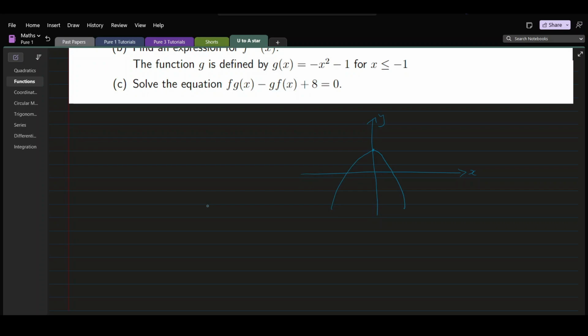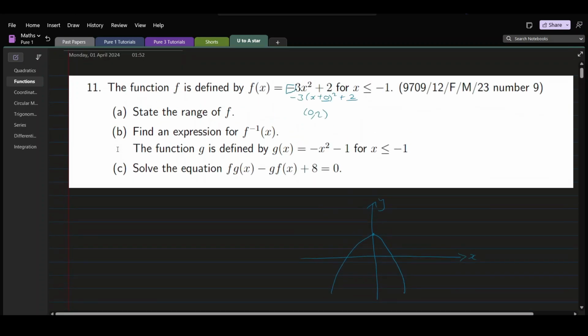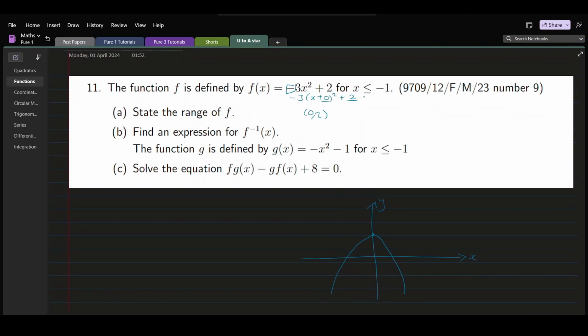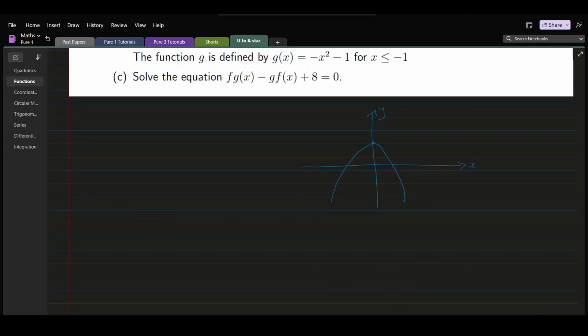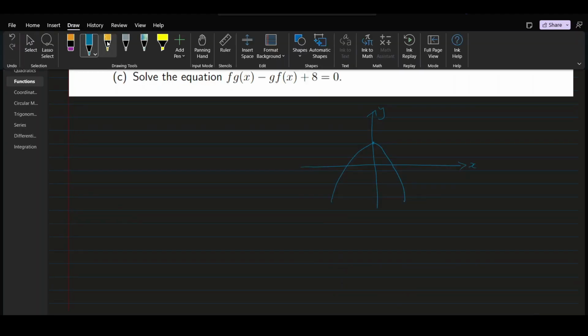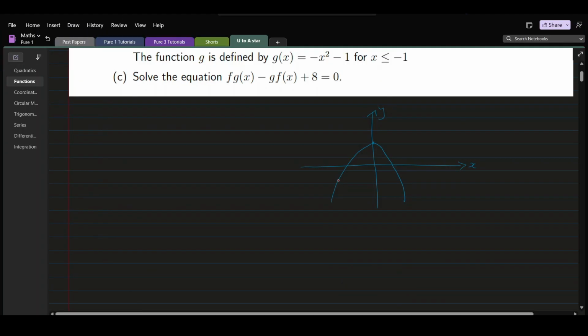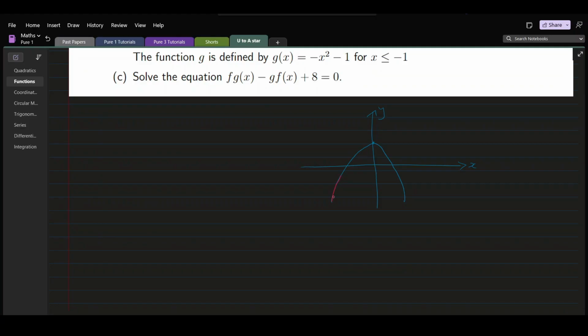And then we have a domain that we're supposed to follow, which is that x is less than or equal to negative 1. Let me draw that region in red. So x is less than or equal to negative 1 will start somewhere here. We're assuming that negative 1 is over here.